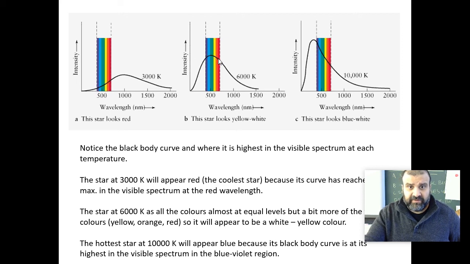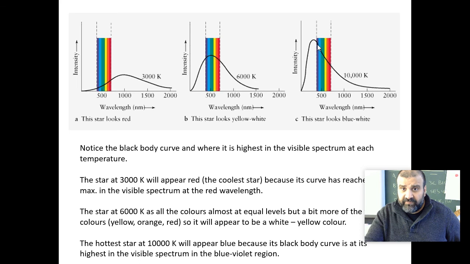This star here, we're peaking at the blues, but all the colors are represented quite well, so it's going to have white in it. But only maybe a third of the curve is in the cool colors and two-thirds are in the warmer colors, so we're going to shift a little more towards the warmer colors and have a whitey yellow tinge.